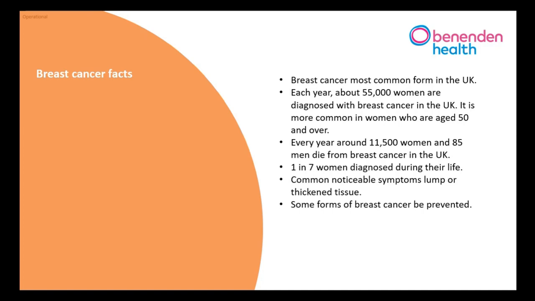About 1 in 7 women will be diagnosed with breast cancer during their life. The most common noticeable feature of breast cancer is a lump or thickening of the tissue. But some forms of breast cancer can actually be prevented as well, so I'll be talking quite in depth about that in slides later on.